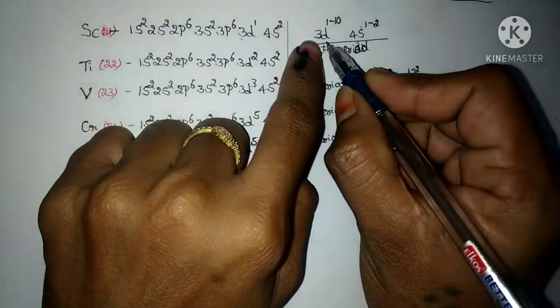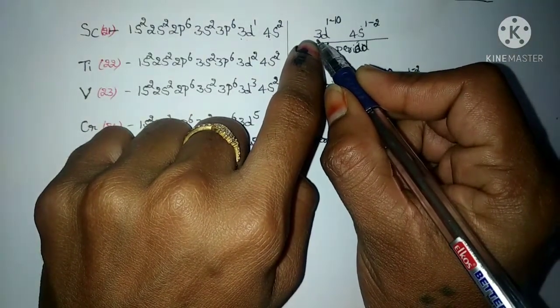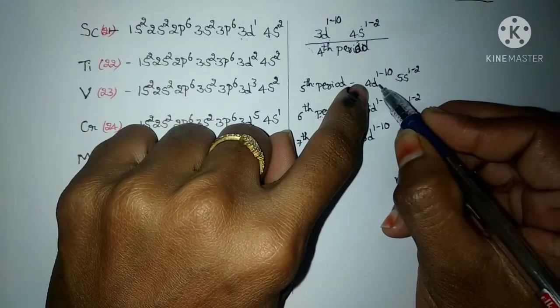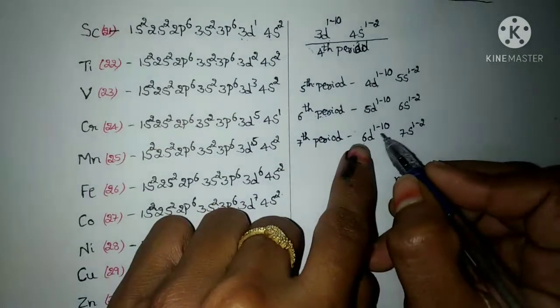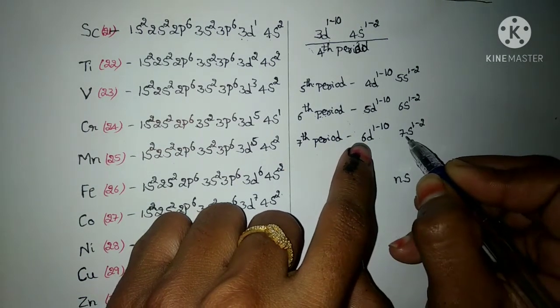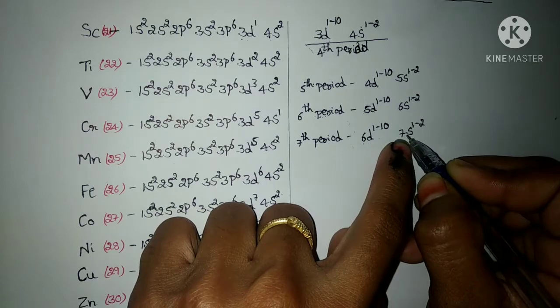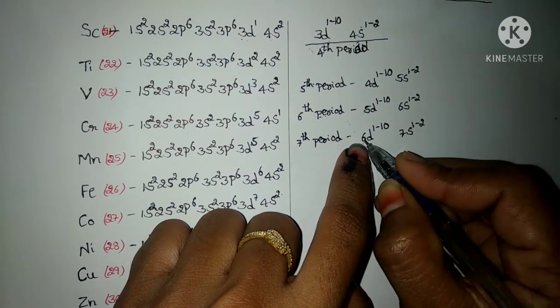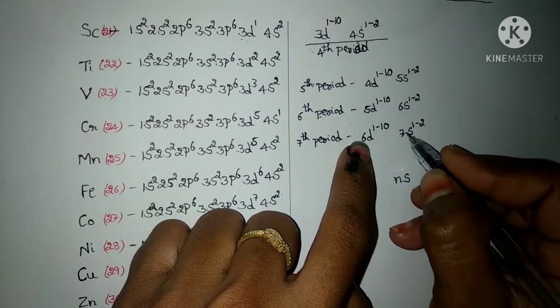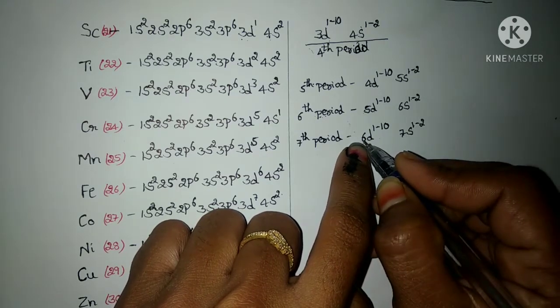Now come to the shell before it. This is the third shell d orbital, fourth shell d orbital, fifth shell d orbital and sixth shell d orbital. Here 7 is the valence shell, represented by n, and before it is 6. The shell before the valence shell is the penultimate shell.